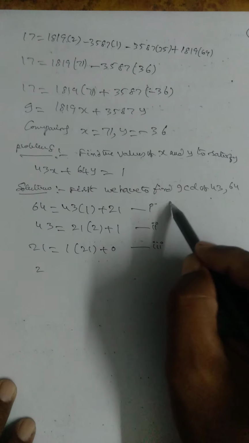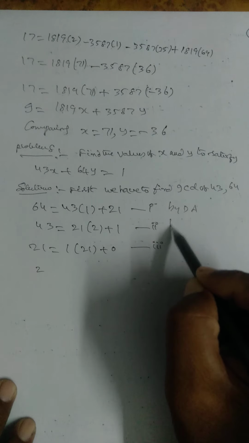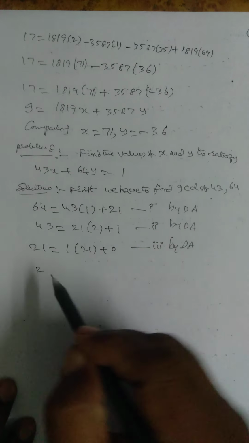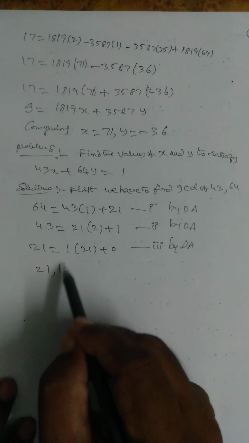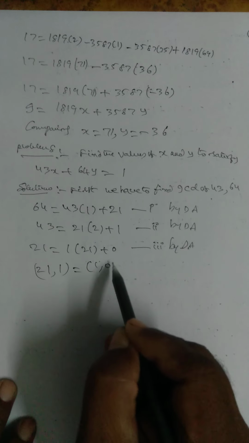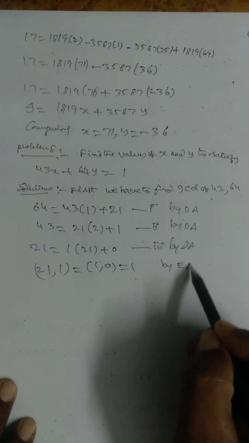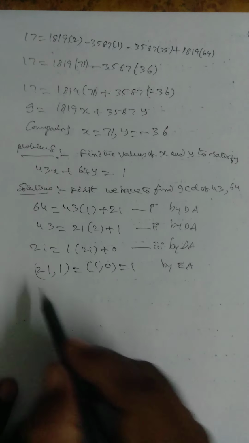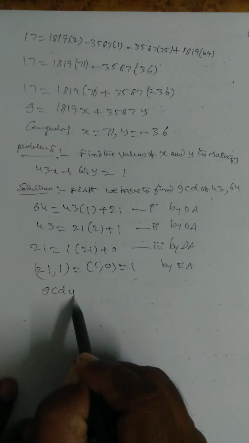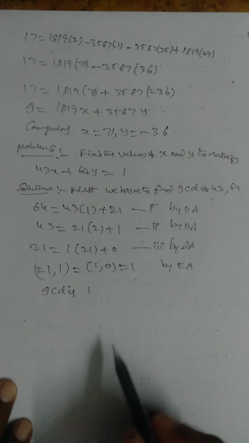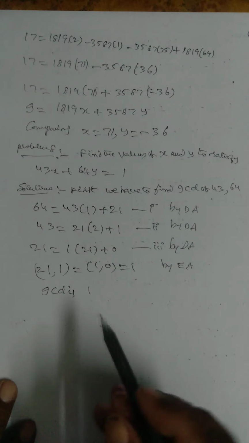So by division algorithm and the Euclidean algorithm, GCD of 21, 1 is equal to GCD of 1, 0, which is equal to 1. So GCD is 1.